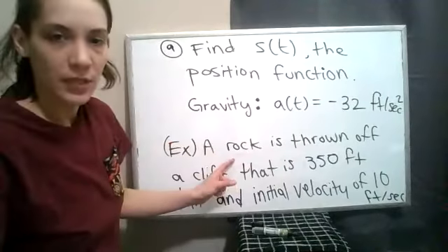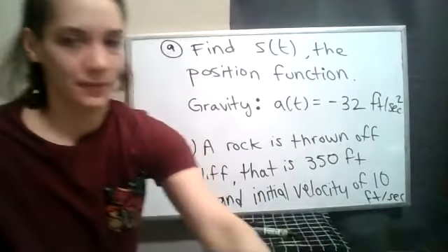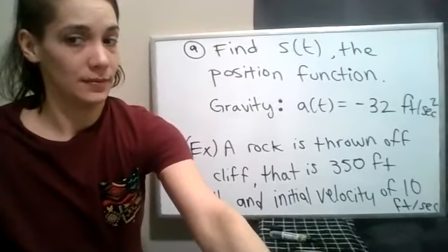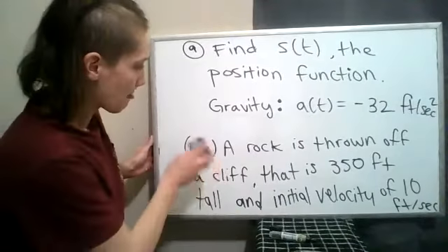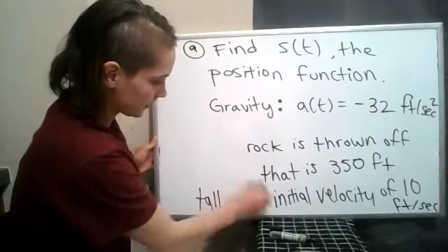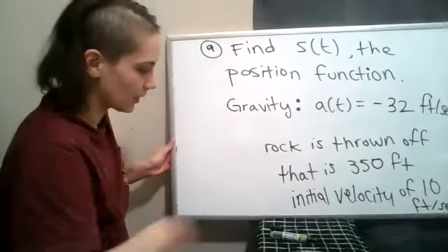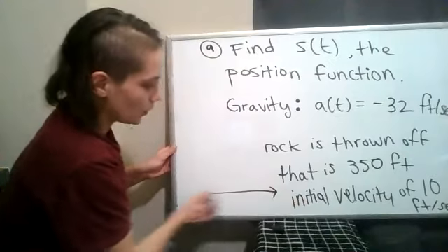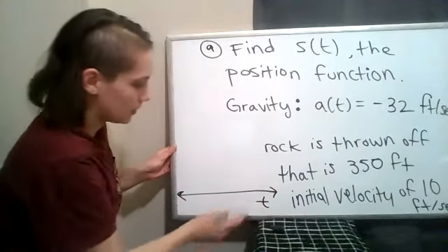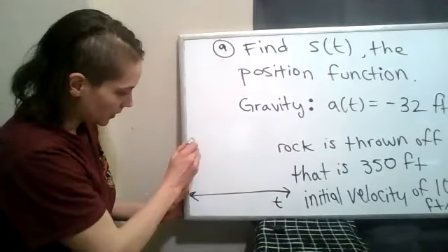Thrown off a cliff. Let's draw a picture as well. We had a picture last time. So our variable is going to be t for time, and our person is over here at the top of the cliff.